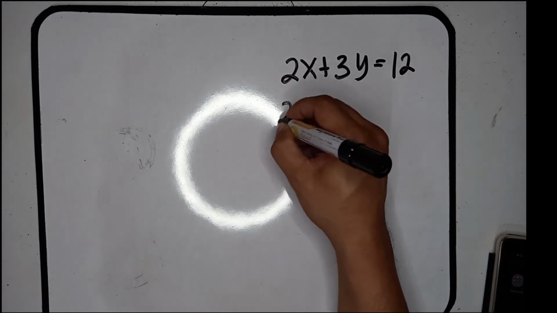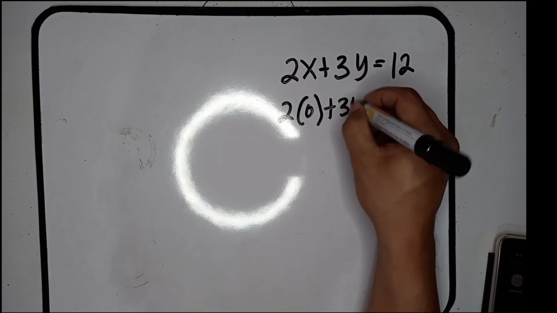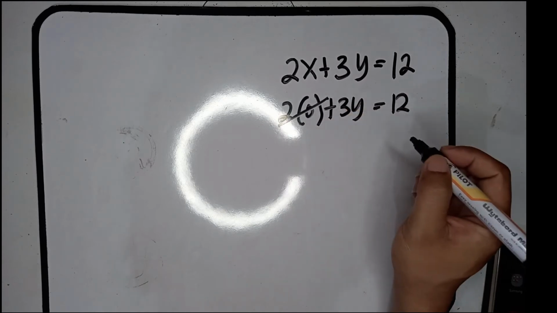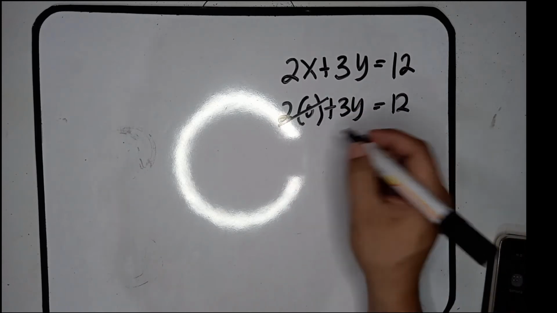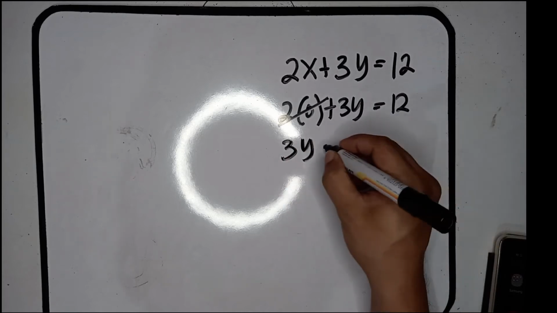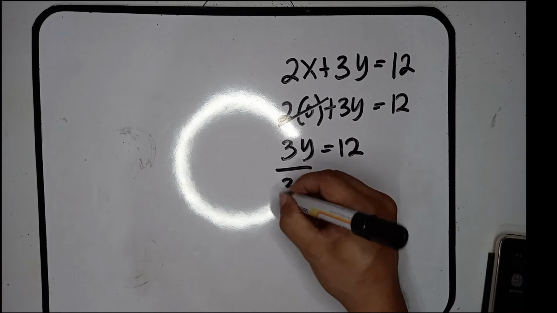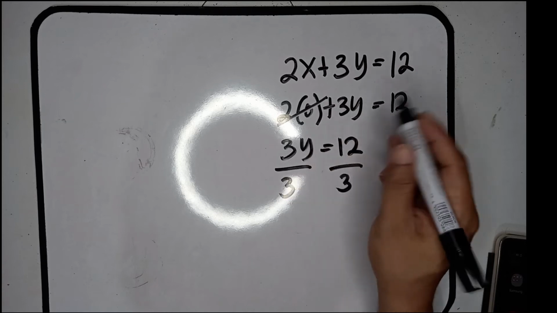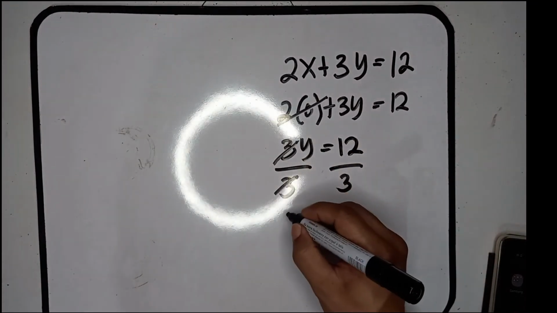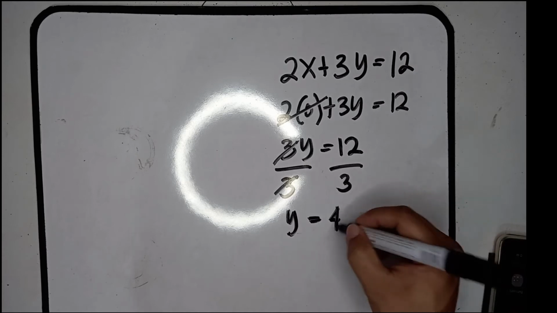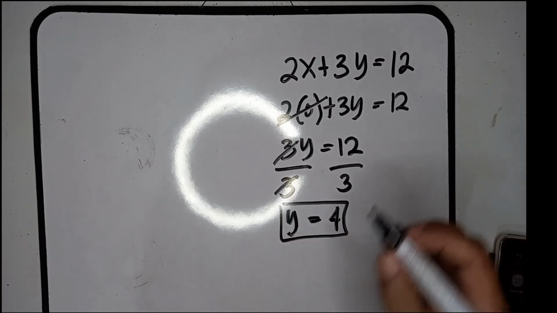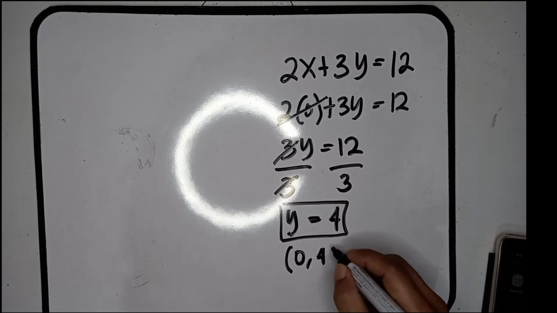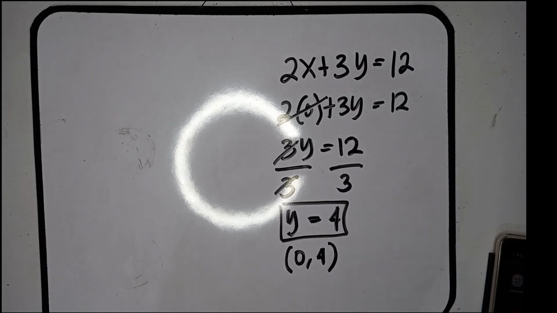So this will become 2 times 0 plus 3y equals 12. This will go away because 2 times 0 is 0. So what we're left with is 3y equals 12, and then we divide both sides by 3, and what will remain is y equals 4. So this means that our x is 0, then our y is 4.